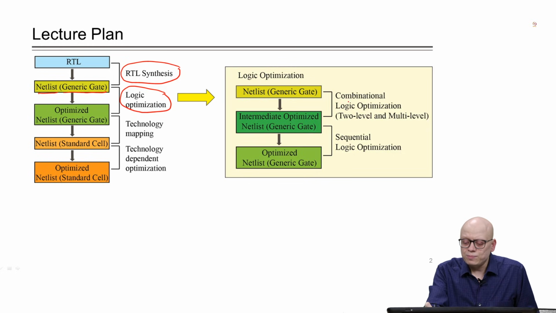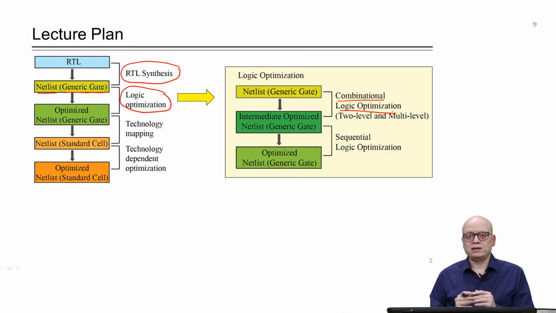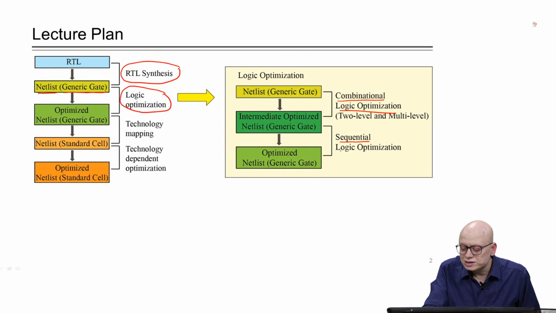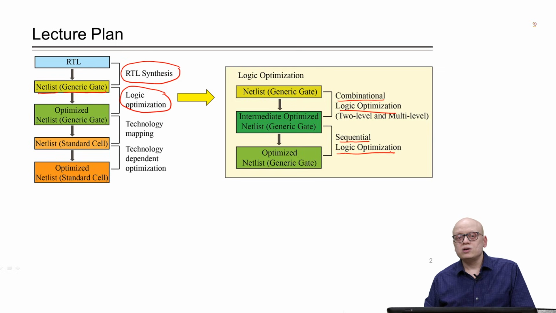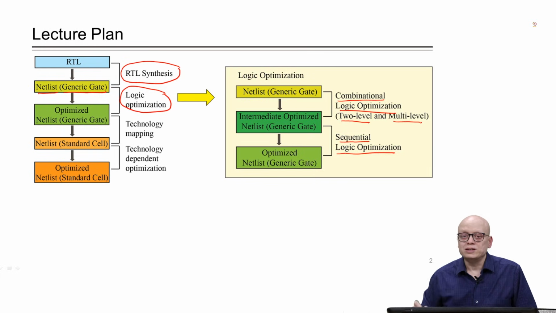The first type is combinational logic optimization, which targets the combinational logic cones in a given circuit. And the second part is sequential logic optimization, or the finite state machine FSM representation of a given netlist.